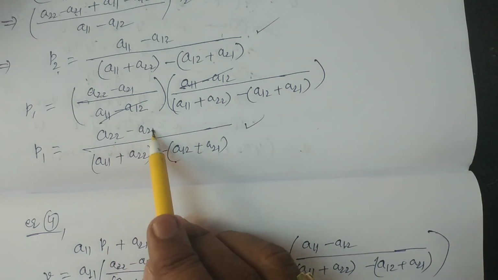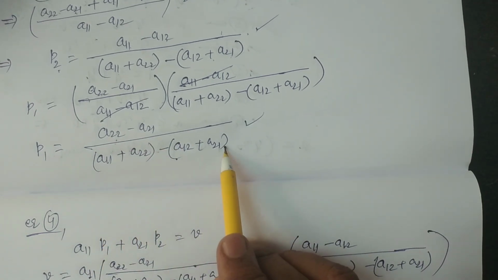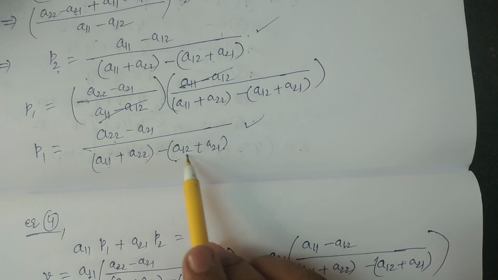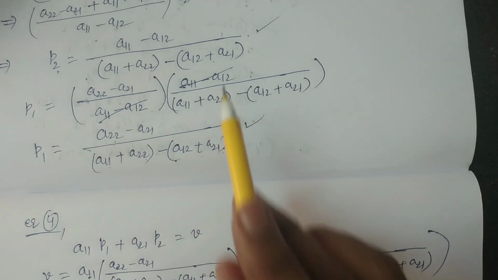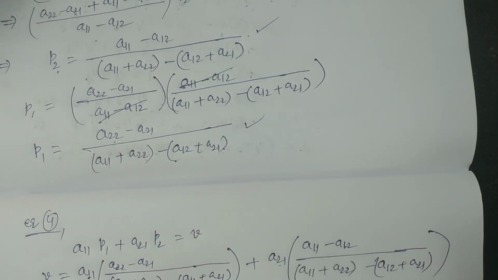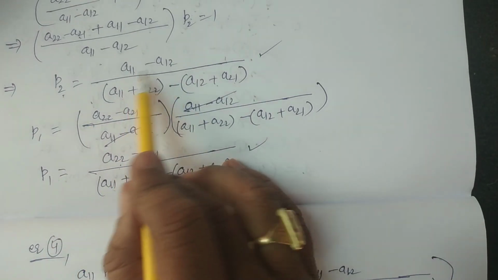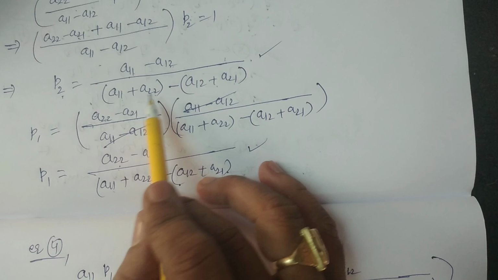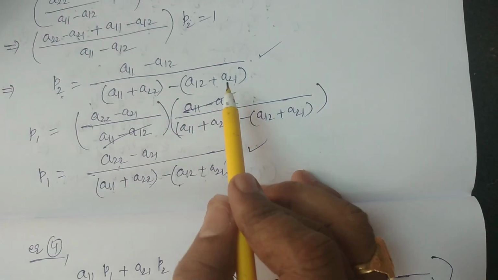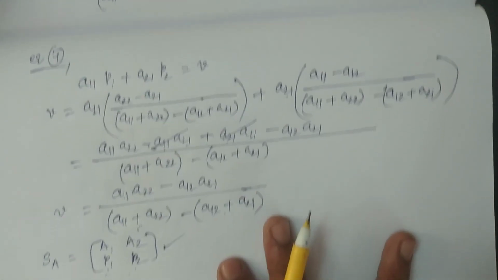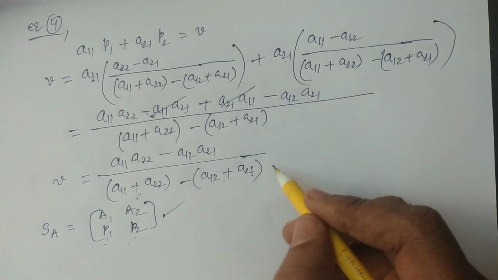P1 is A22 minus A21 by A11 plus A22 minus of A12 plus A21. For P1, P2 and mu, the denominator is the same. And P2 is A11 minus A12 divided by A11 plus A22 minus of A12 plus A21. And the value of the game is this.